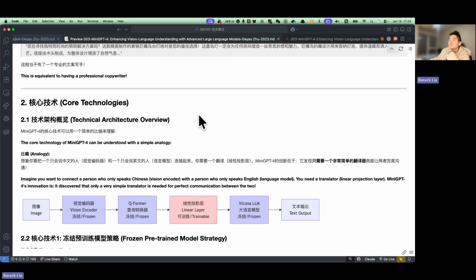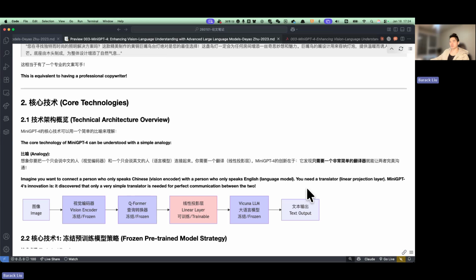Core technologies. The core technology of Mini GPT-4 can be understood with a simple analogy. Imagine you want to connect a person who only speaks Chinese, which is the vision encoder, and a person who only speaks English, which is the language model. You need a translator, the linear projection layer.